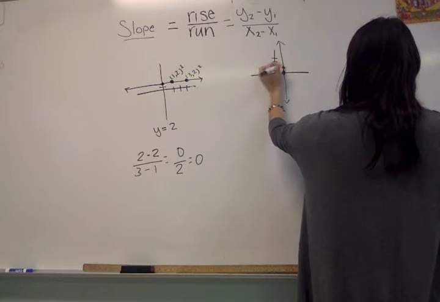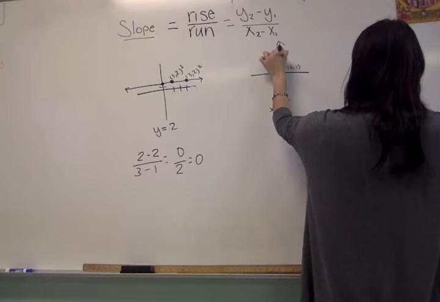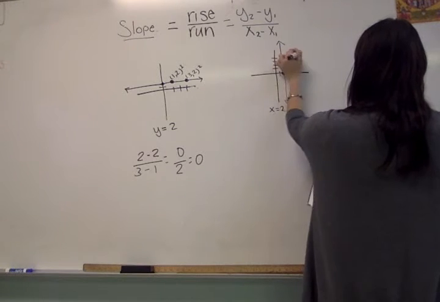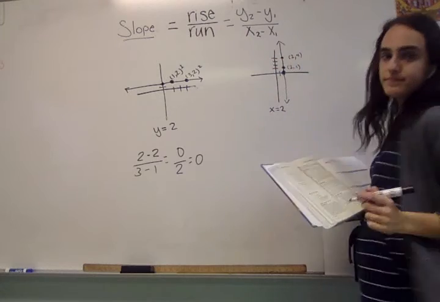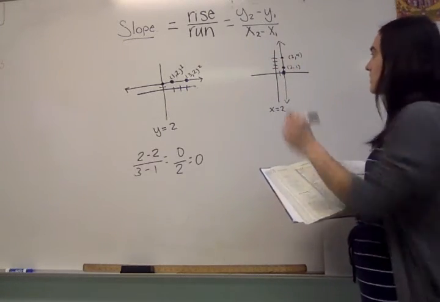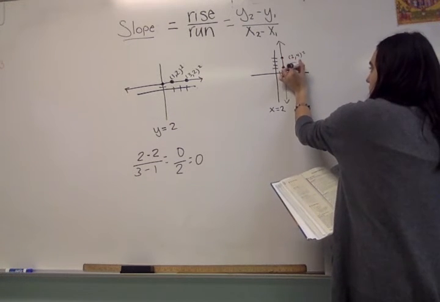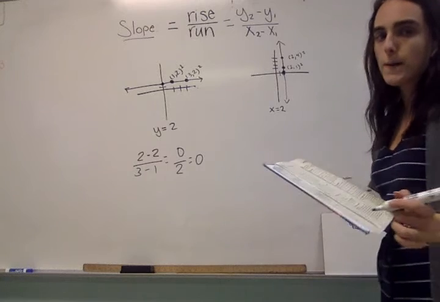I'm going to pick this one, which would be 2, 1, and I'm going to pick this point, which would be 2, 4. Okay, put some points on my line, and then let's have this one be my second, and this one be my first ordered pair.